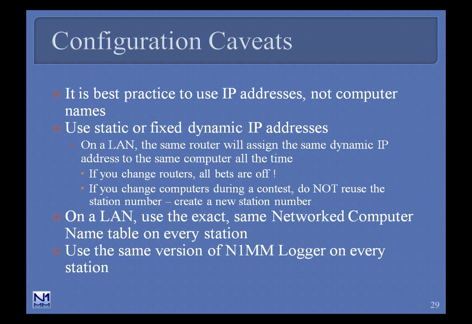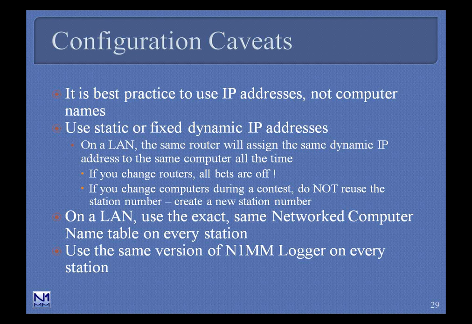Again, as I said before, it's best to use the same exact network computer name table on every station. Make sure you use the same version of N1MM Logger on every station. I had another situation in the 160 contest recently where the network seemed to be working just fine for a few hours, and then suddenly some of the stations couldn't talk to each other, and they were getting error messages popping up.